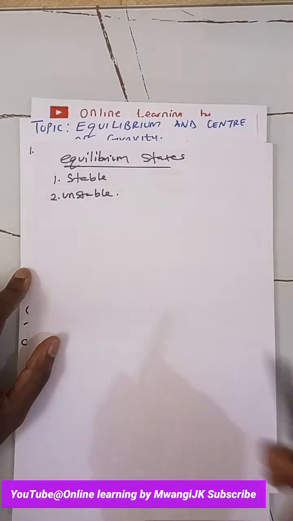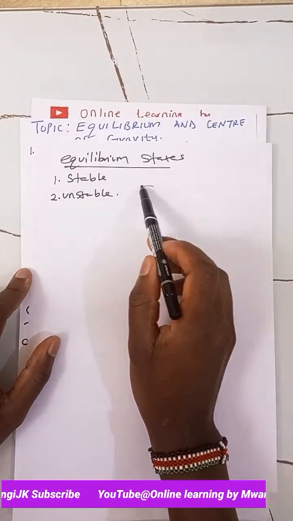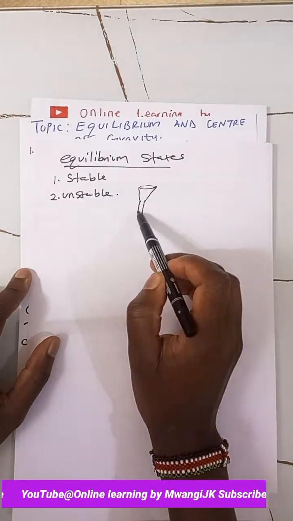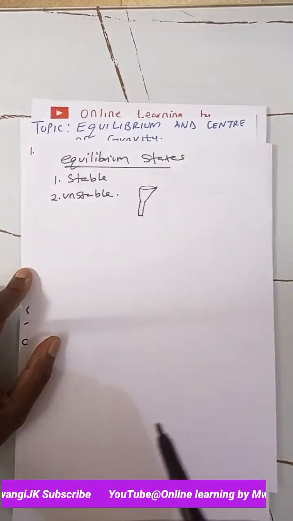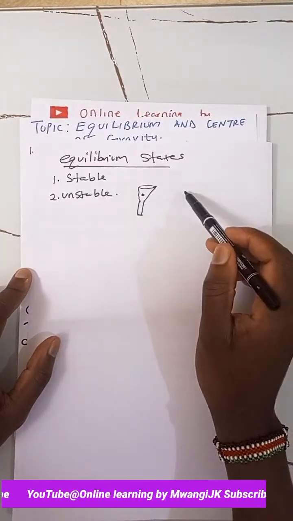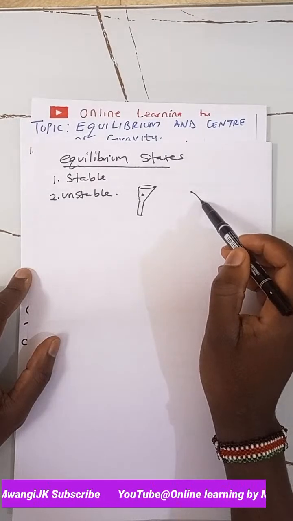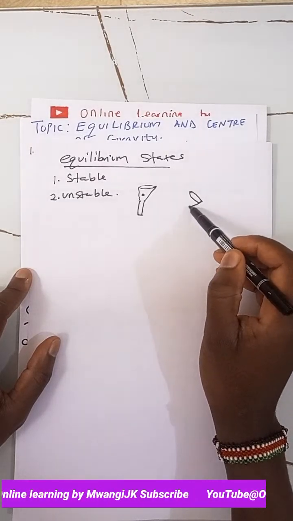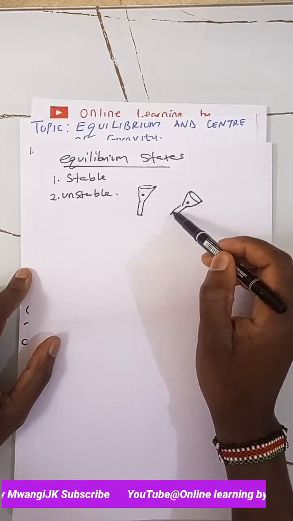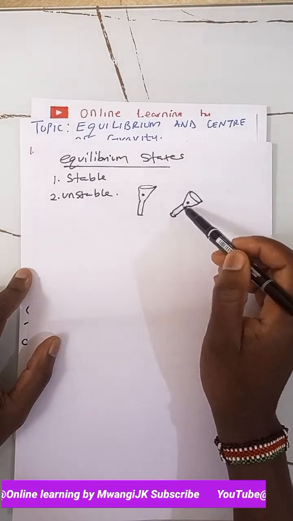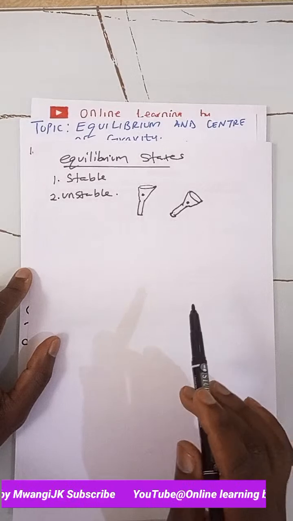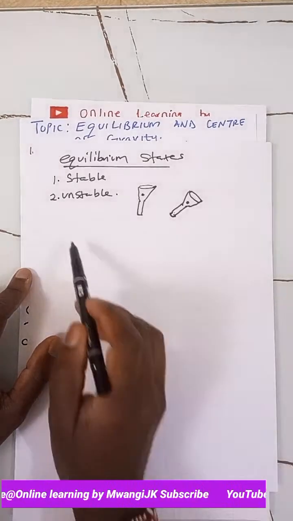For example, when a funnel is at that state and you try to push it a little bit, remember its center of gravity is up here, so it will fall off and it will not get back to the state it was initially, because it is trying as much as it can to lower its center of gravity, and on falling off it lowers its center of gravity.